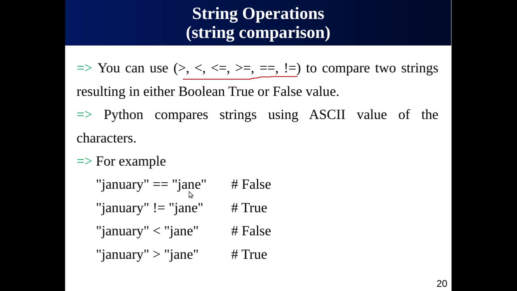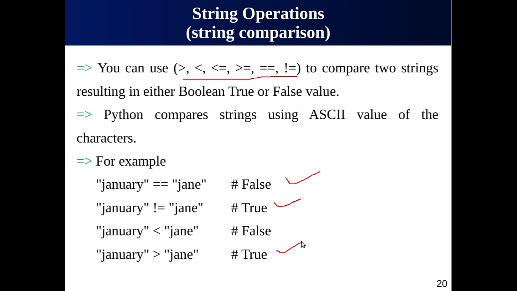Compare these two strings and tell me whether this is true or false. Let us see. January is equal to Jenny. No, it is not equal. So the output is going to be false. Here I'm telling it that January is not equal to Jenny. Oh, yes, that is true. The output is true. January is less than Jenny. False. Greater than Jenny. Yes, that is true.